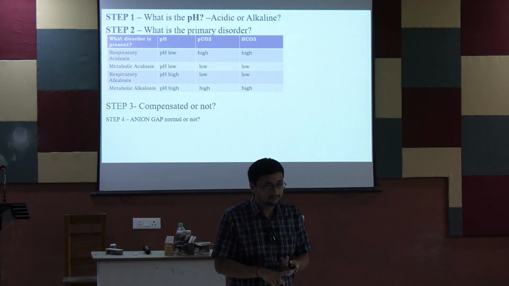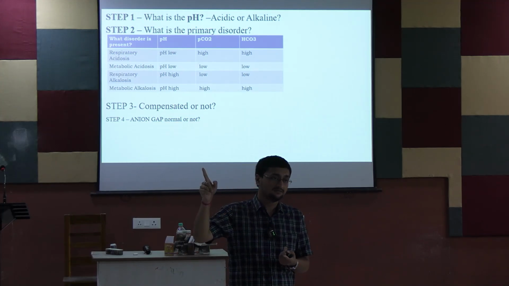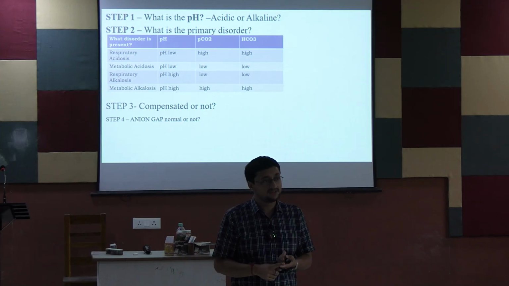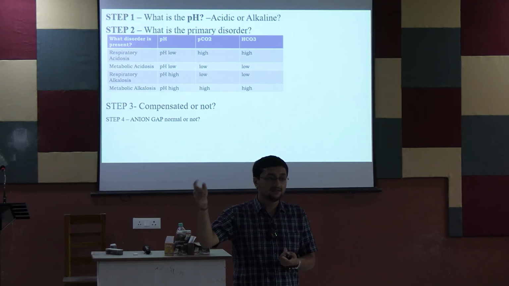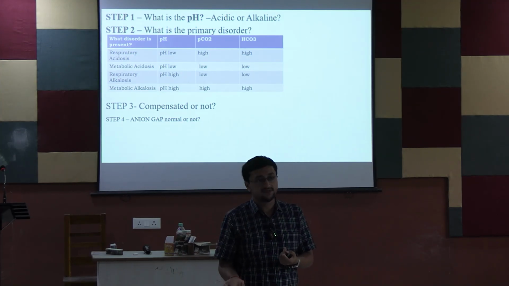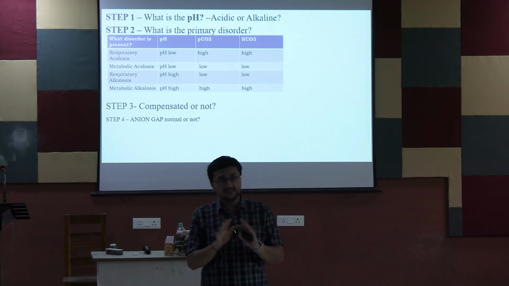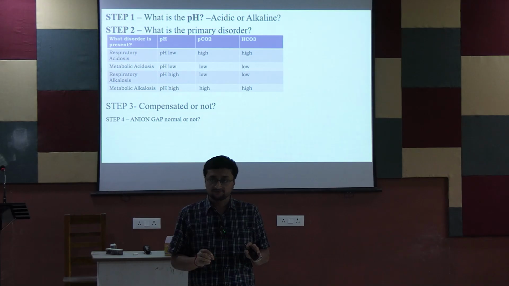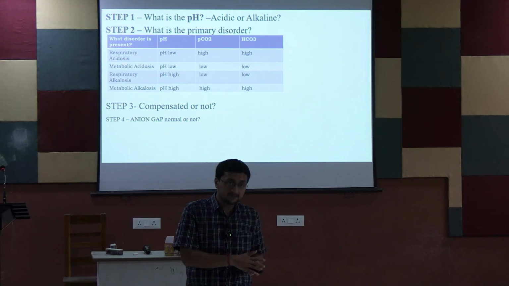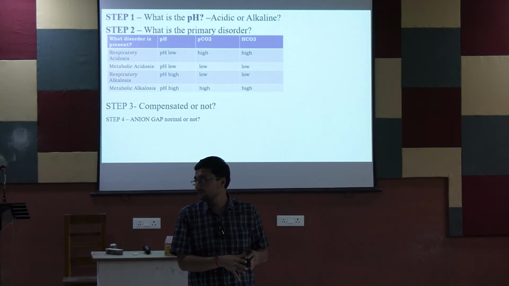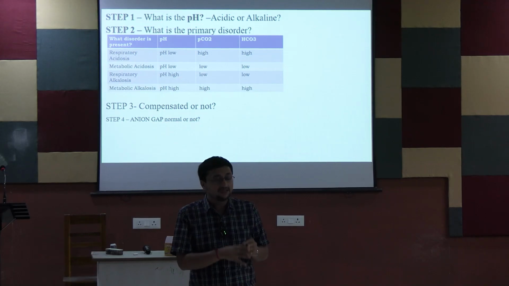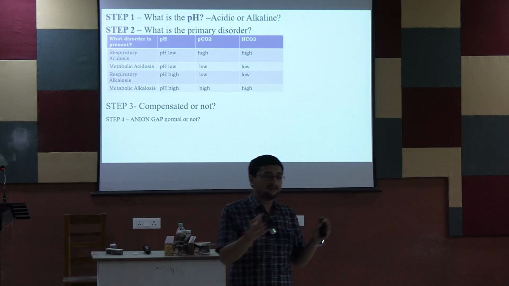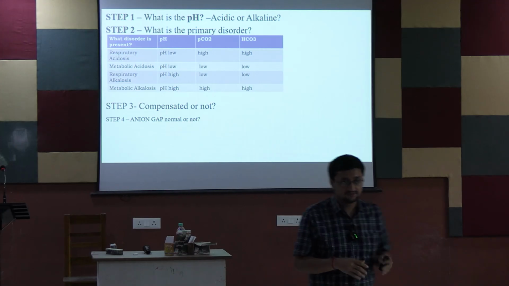pH low, PCO2 high, bicarbonate high, that means this is respiratory. pH high, PCO2 low, respiratory. This must be clearly understood, because this is very important. If you cannot identify the primary disorder, then there is no point of estimating the compensation, right?